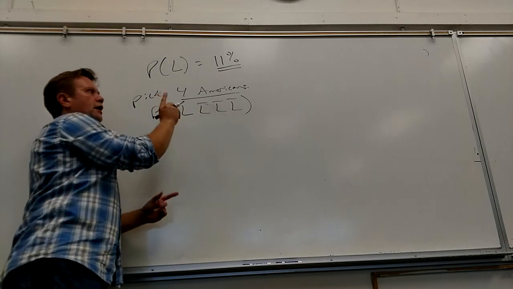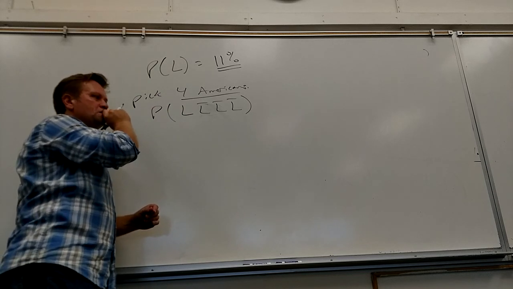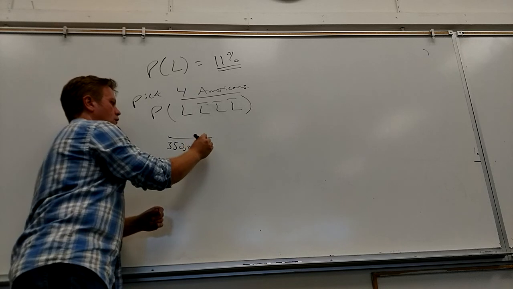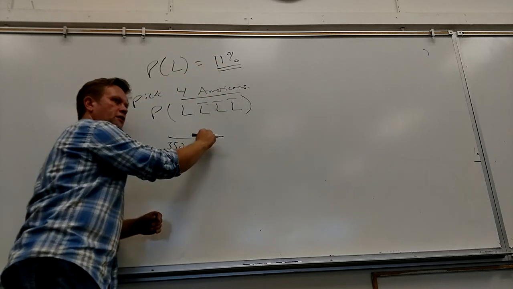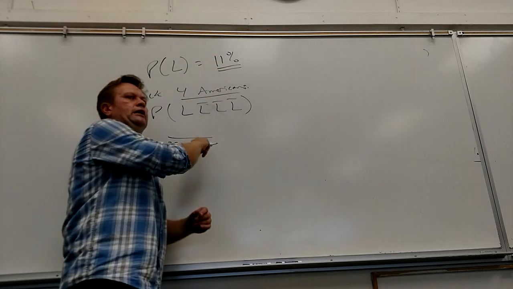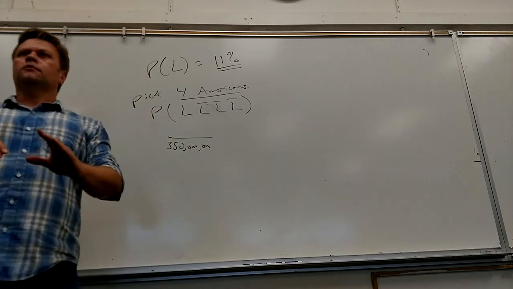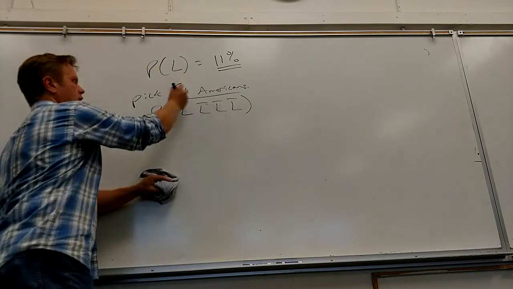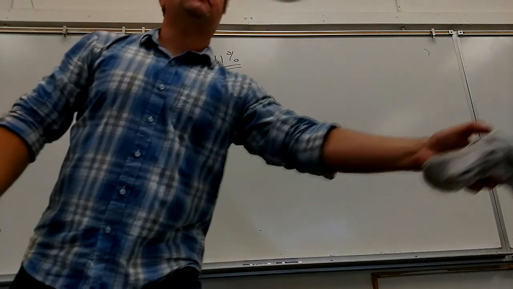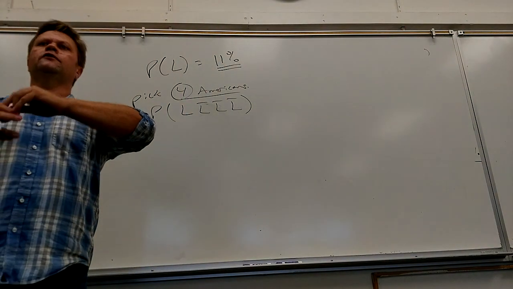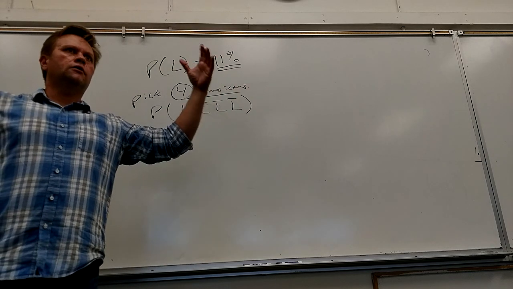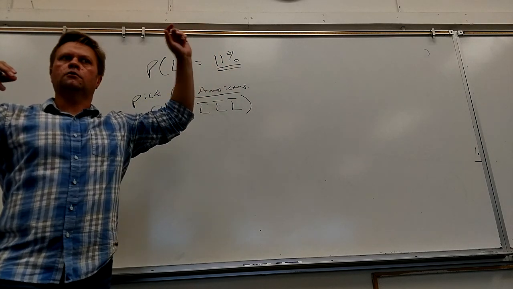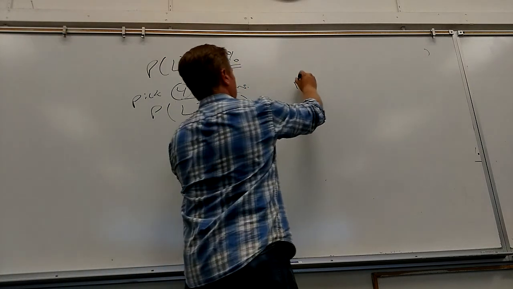Please, you do not have to work out 11% of 350 million and then put 349,999,999 below. The rule is, if the sample you're picking is less than 5% of the population, then you can just assume the denominator stays the same. What is 11% of 350 million?